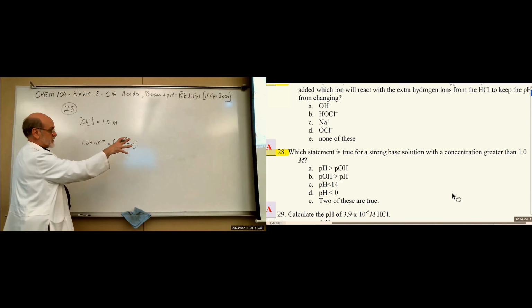A buffered solution contains HNO2, right? If it has HNO2 in aqueous solution, and we're saying this is a buffered solution, that means that this must be a weak acid. And it produces in solution NO2 minus.